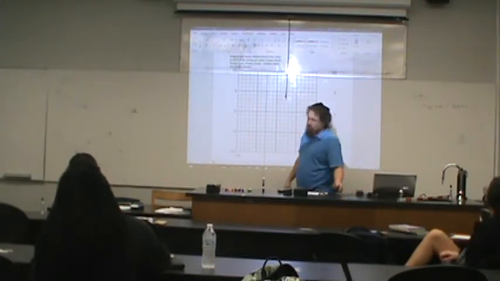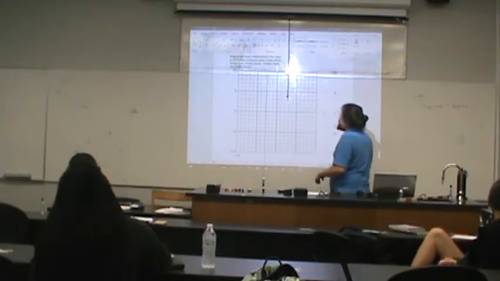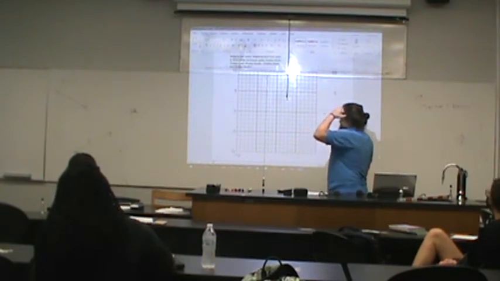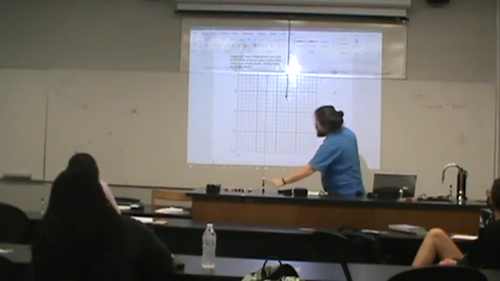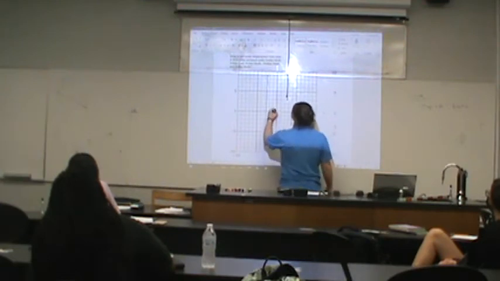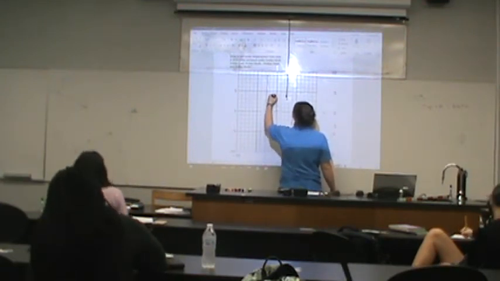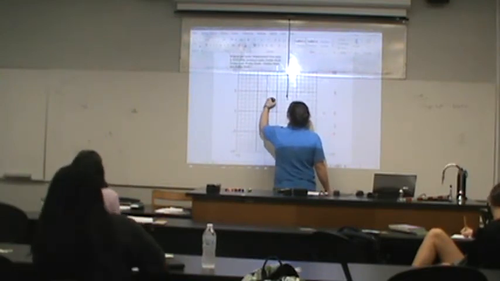The sample question says, what is the vector displacement from start to finish after someone walks 5 miles north? So starting from origin, we're going to go 1, 2, 3, 4, 5 miles north. Call that range 1.